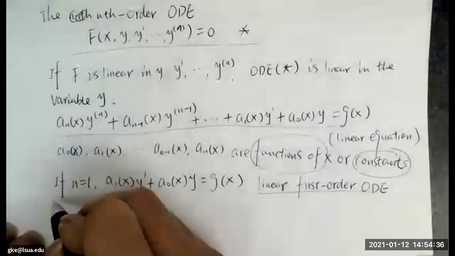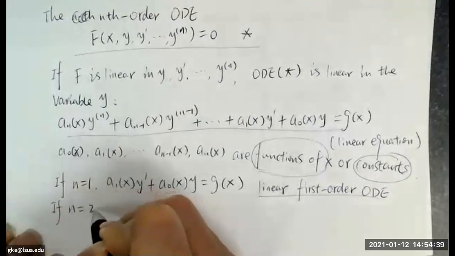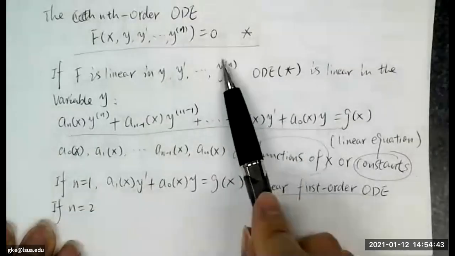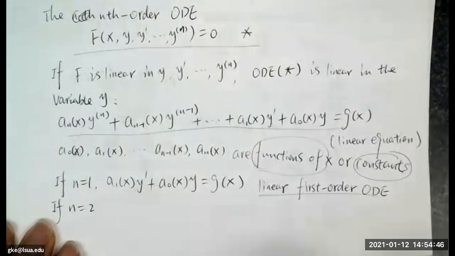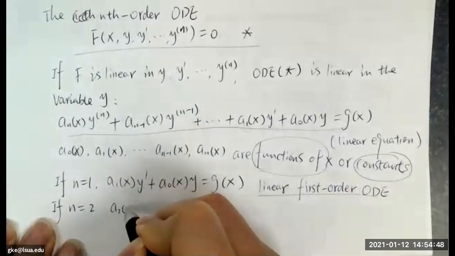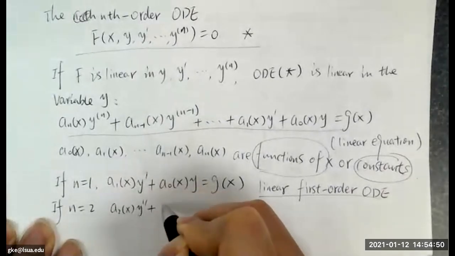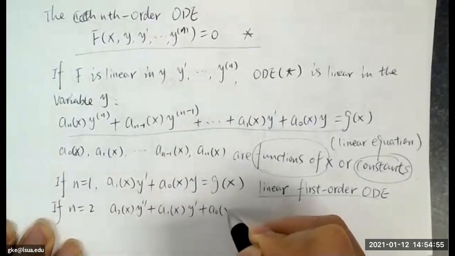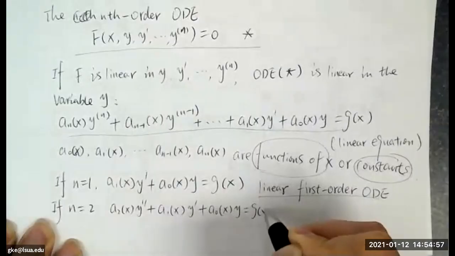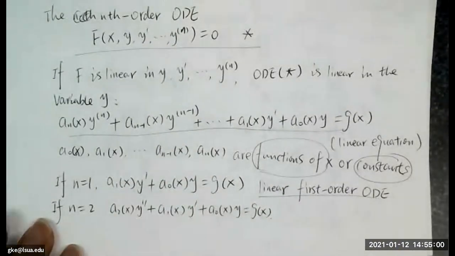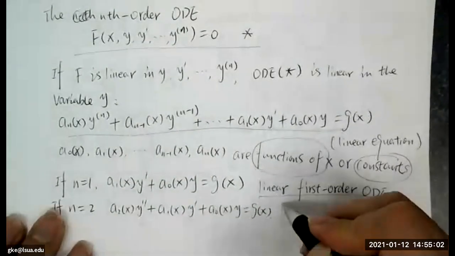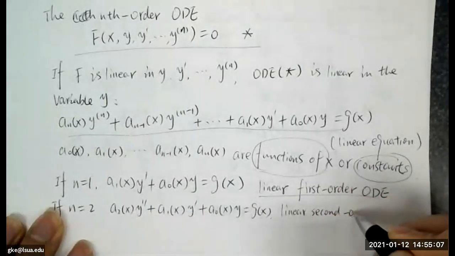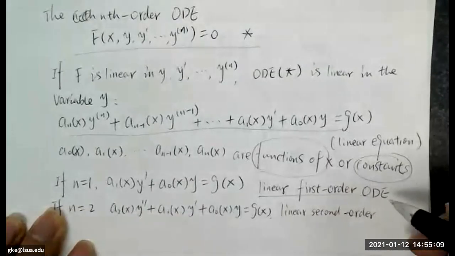And if n equals 2, that means we have second derivative, right? If n equals 2, we have second derivative. Now we can write down this one, A2x, and we call it linear second order ODE.